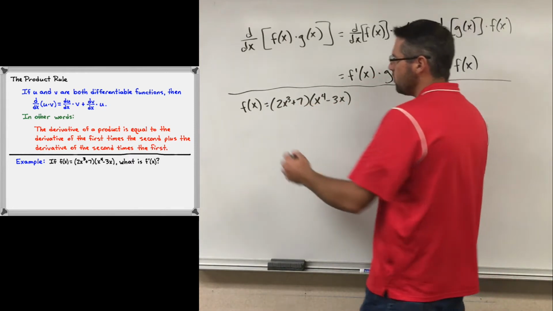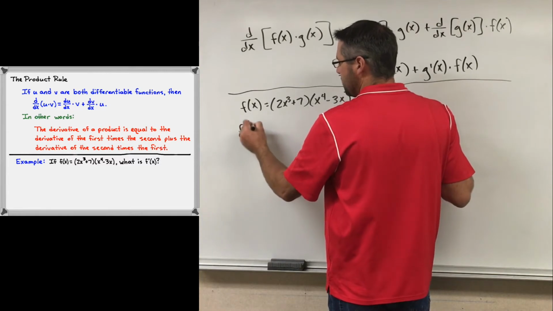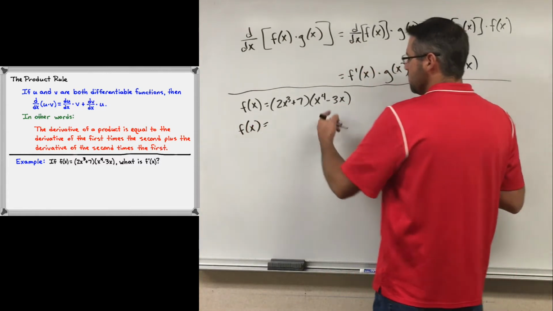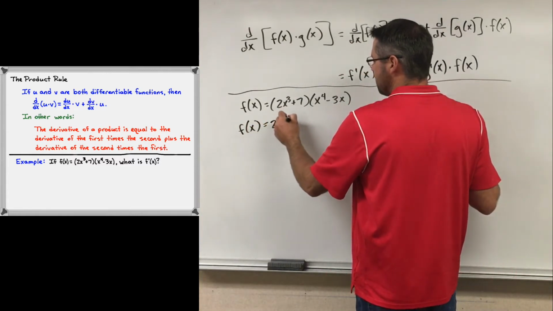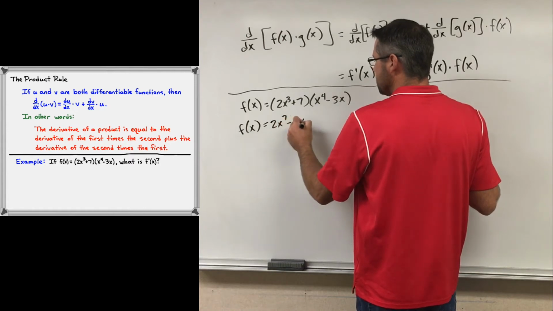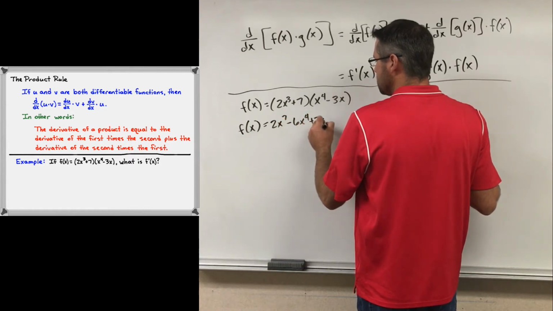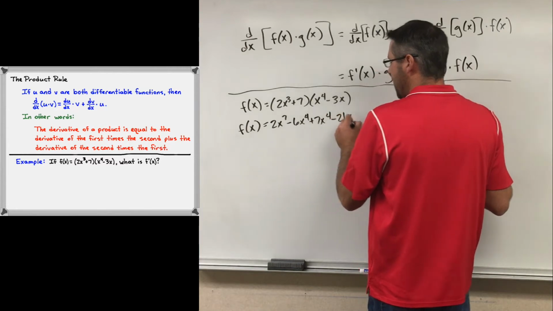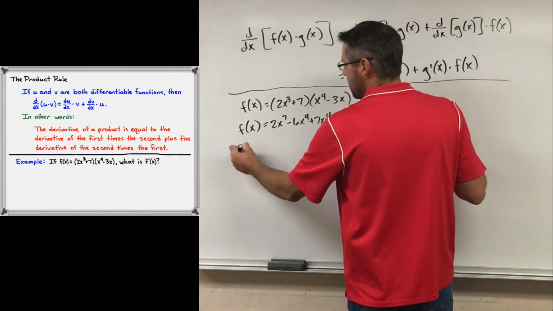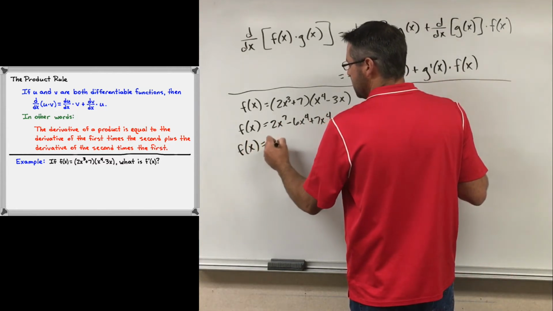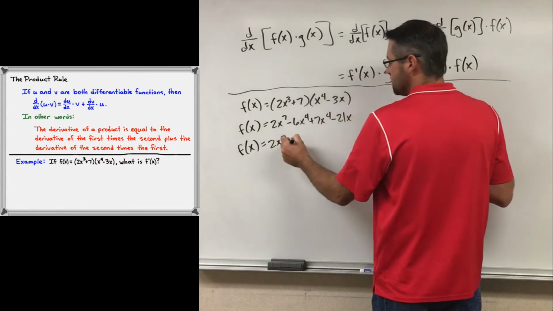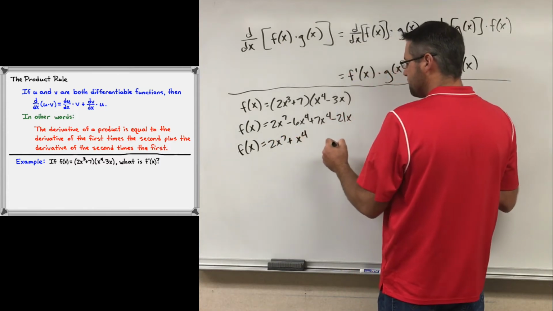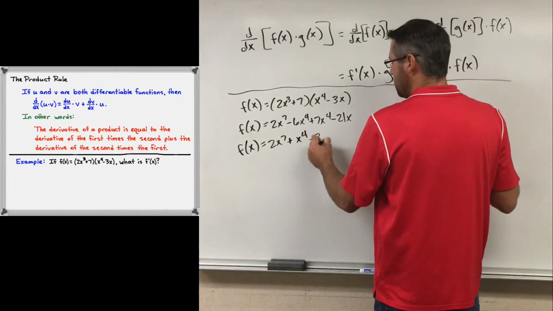So maybe we can rewrite this by simplifying it and putting it in standard form. Multiplying all this out, we get 2x to the 7th minus 6x to the 4th plus 7x to the 4th minus 21x. And then we can simplify that a little bit further by combining like terms. So we end up with actually plus x to the 4th there, and then minus 21x.